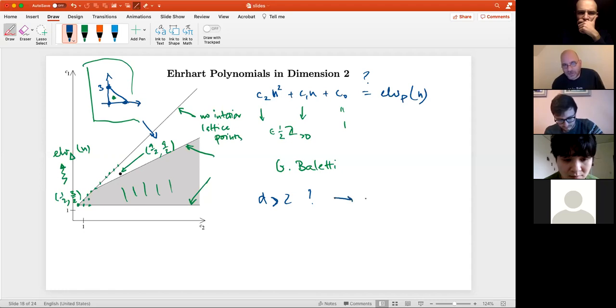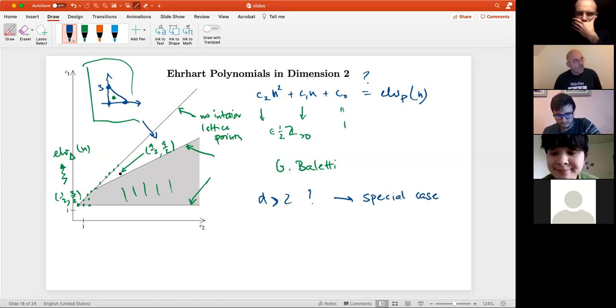You can ask about special classes of polytopes, or you can ask about special classes of Ehrhart polynomials or Ehrhart H-star vectors and so on. For example, one thing that we know is when an H-star polynomial is symmetric.